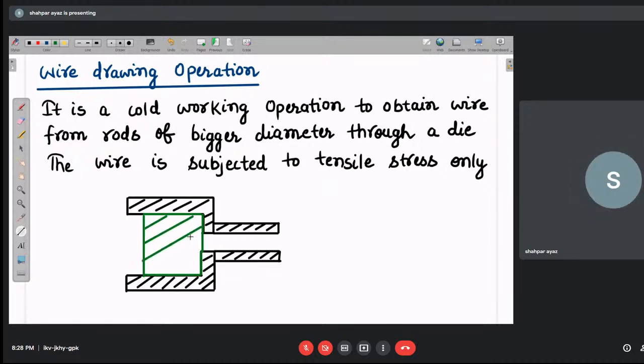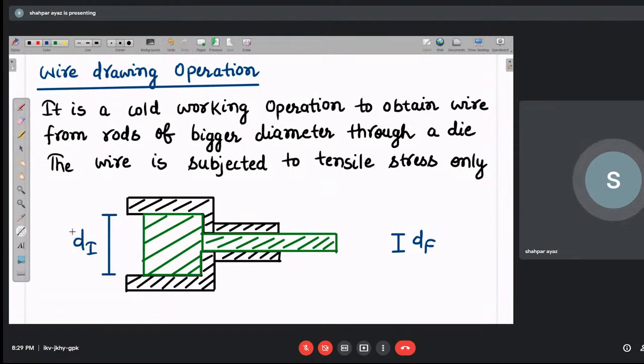And we are going to apply some force, drawing it with the help of a plier. So a wire is drawn like this. Suppose this is your initial diameter of the billet, and this is your final diameter. This is your D initial, this is your D final, and this is your drawing force, FD.